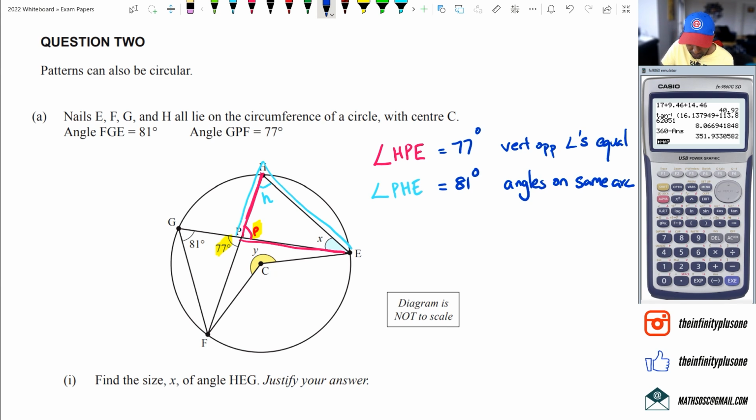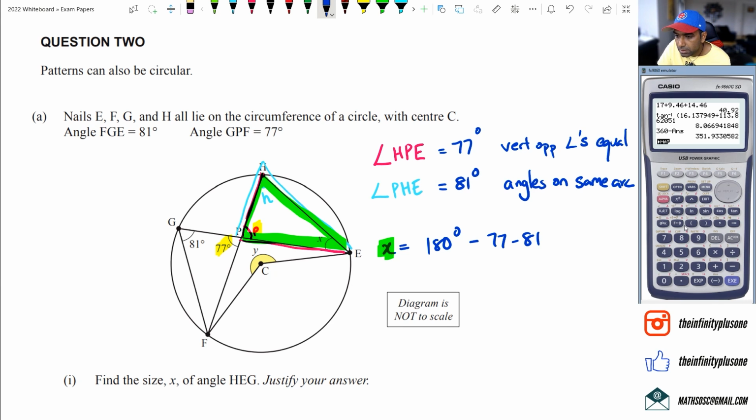And now we can figure out what angle X is. So angle X is going to be 180 degrees minus 77 minus 81, because to figure out what angle X is, I'm going to look at angles in a triangle, which happens to be that there.